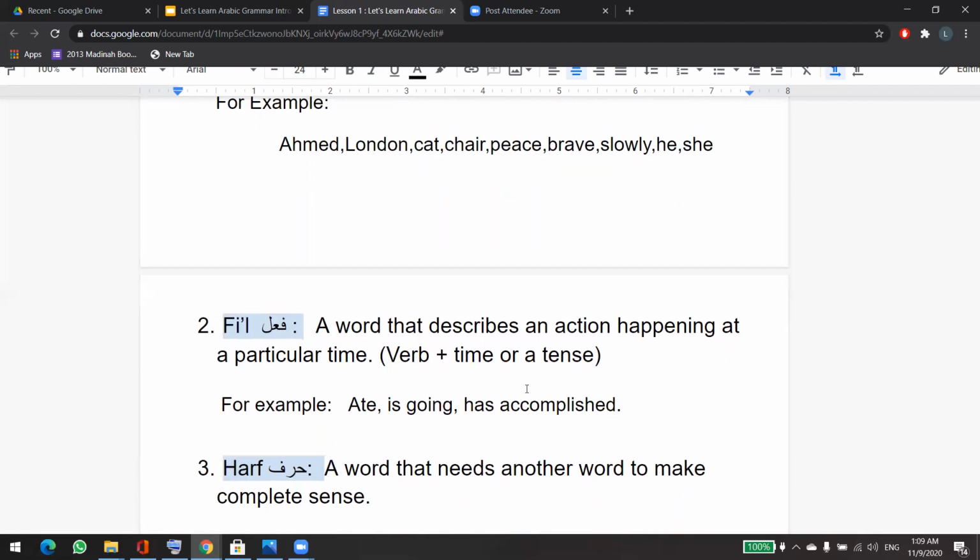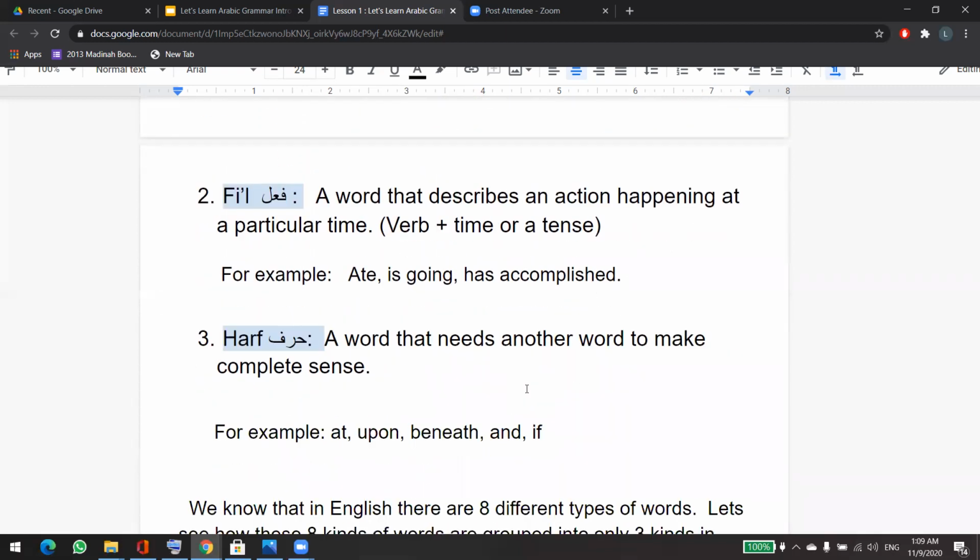Okay, now come to the definition of harf. Harf is a word that needs another word to make complete sense. It doesn't make sense on its own. It makes sense only if it is followed by another word. For example, if I say at, or upon, or beneath, it doesn't mean much, but at the table, upon the bed, or beneath the table, then it makes some sense.